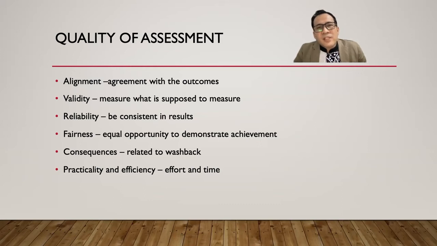So your test provides consistent results. This is reliability. And fairness is the way your test gives equal opportunity to the testees, or to the students, to demonstrate the achievement. So whether your test gives the same chance for the students to do the thing, right?